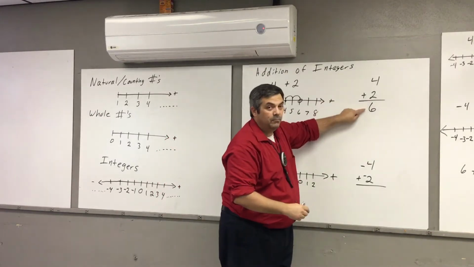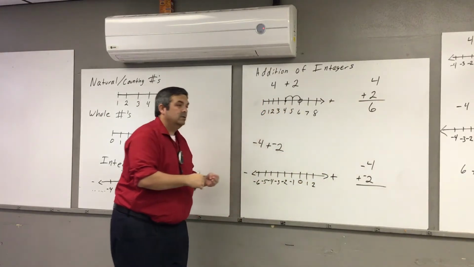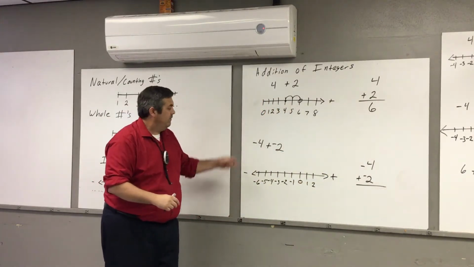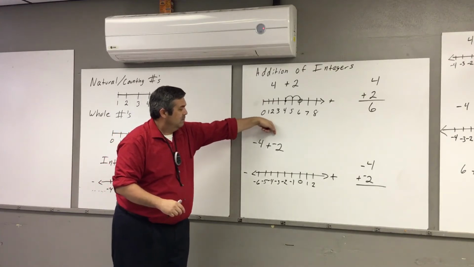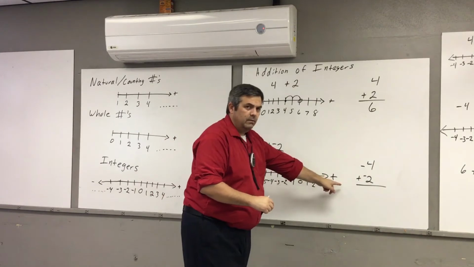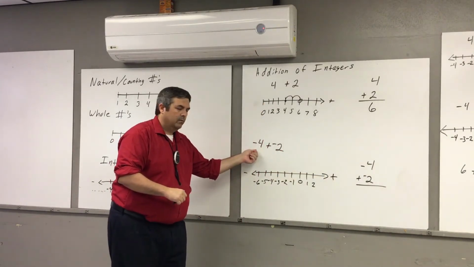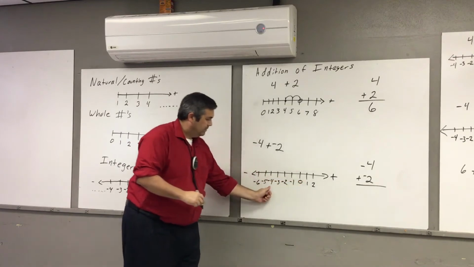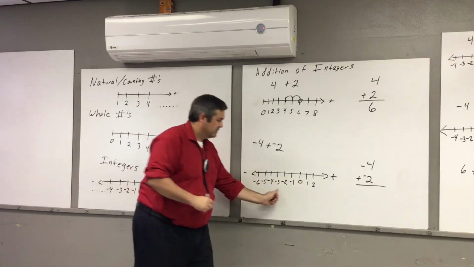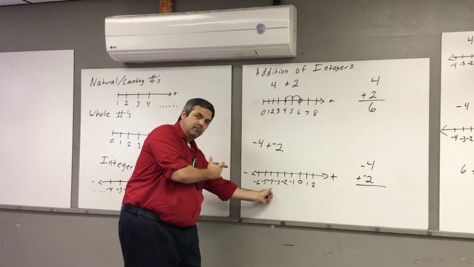Now that's the same thing that we got, and we should all understand how that is. Okay? But what happens if they're both negative? I have negative 4 plus negative 2. Well, I'm not going to start all the way over here at the positive 4 because this is actually a negative 4. So I'm going to come down here to where the negative 4 is. Now notice I went to the left side because that's where all my negative numbers are on a number line.